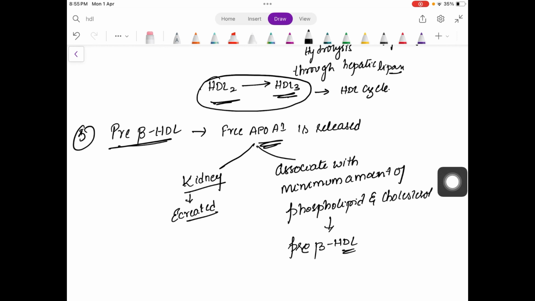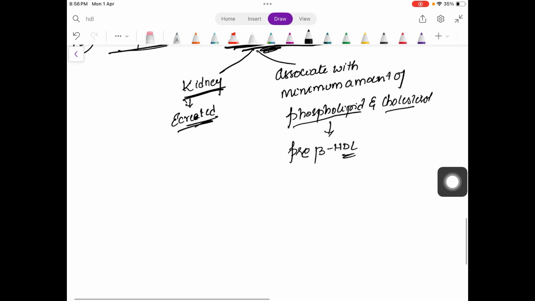So whenever HDL2 reaches the liver, this can be converted into HDL3, or this HDL2 can be converted into free ApoA1 by donating all of its compounds. That free ApoA1 which is released will have two fates. Whenever it reaches the kidney, it is excreted, or it will associate with minimum phospholipid and cholesterol, and they will form pre-beta HDL.